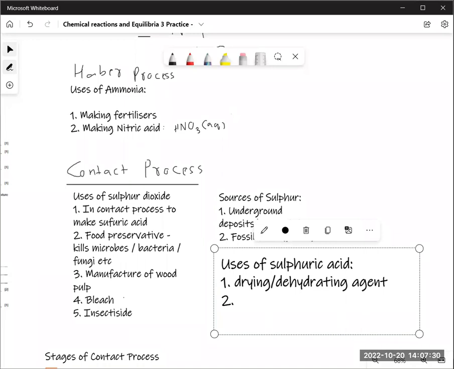There's only one use of sulfuric acid? No, there's more. I'm just trying to remember. Explosives.